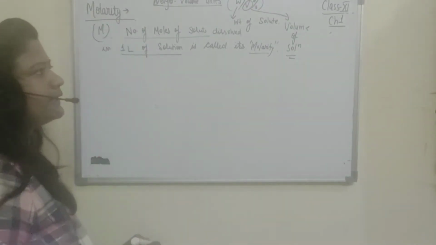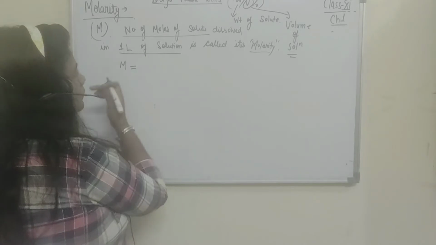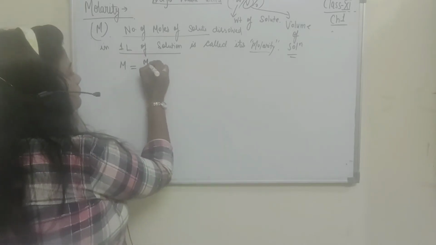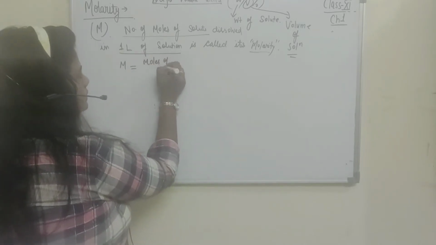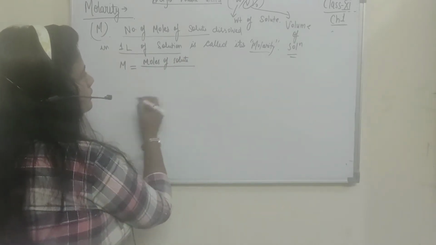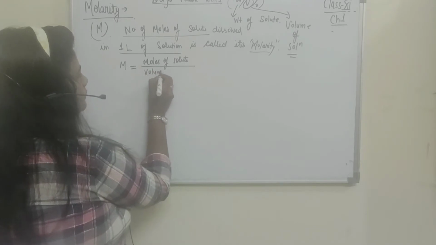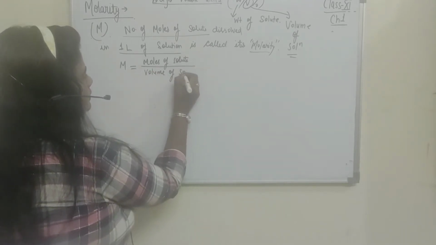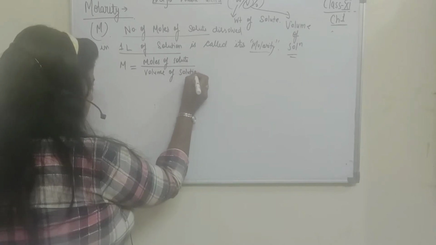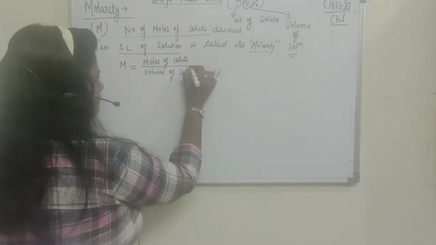The formula will be given: capital M equals moles of solute upon 1 liter of solution. It means volume of solution in liter.